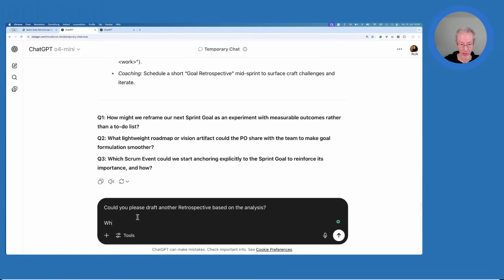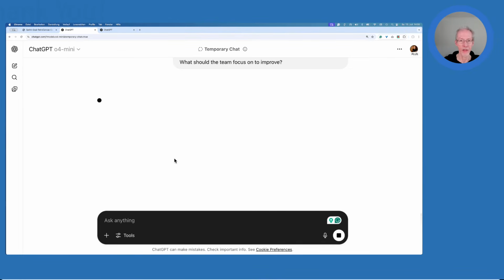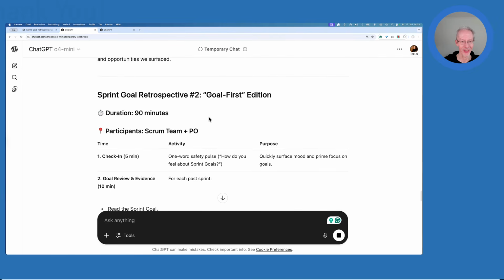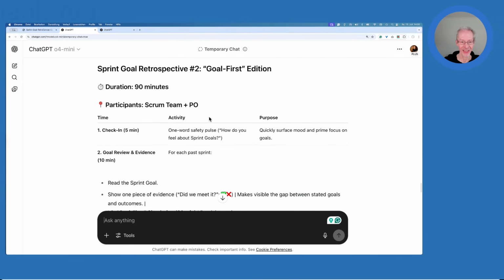What should the team focus on to improve? Okay, and then you're basically off to the races. So yeah, let's goal first edition, duration 90 minutes, check in.